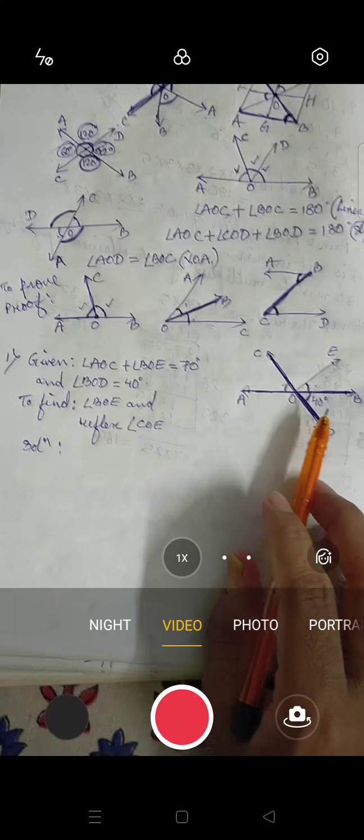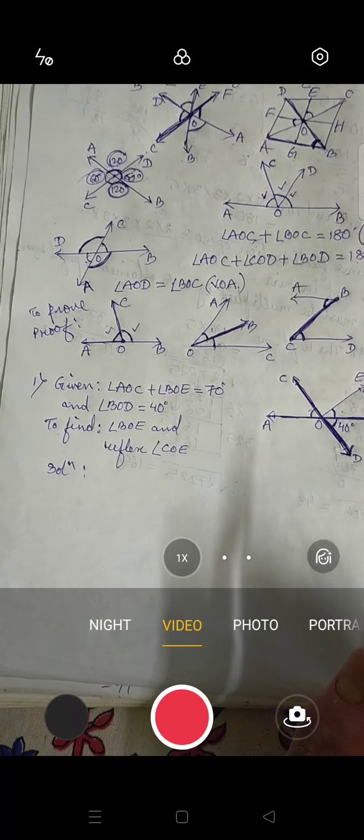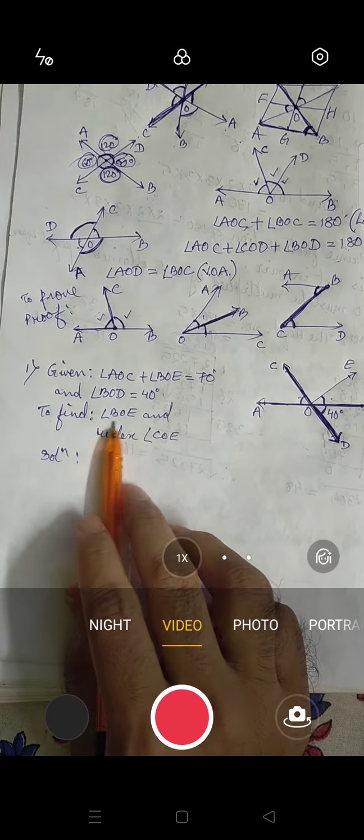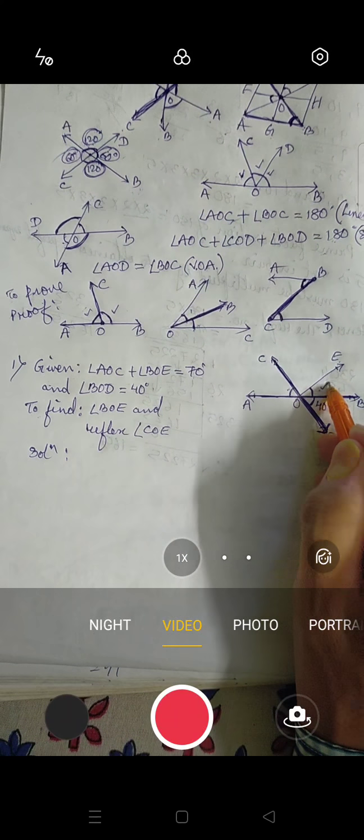That has been given. So whatever is given in the question, we will mark it in the diagram so that it will be easy for us to solve. Otherwise every time we have to look into the question. Now you have to see what you need to find. So angle BOE, this you need to find. First of all we'll find this one and then we'll check what we have to do.